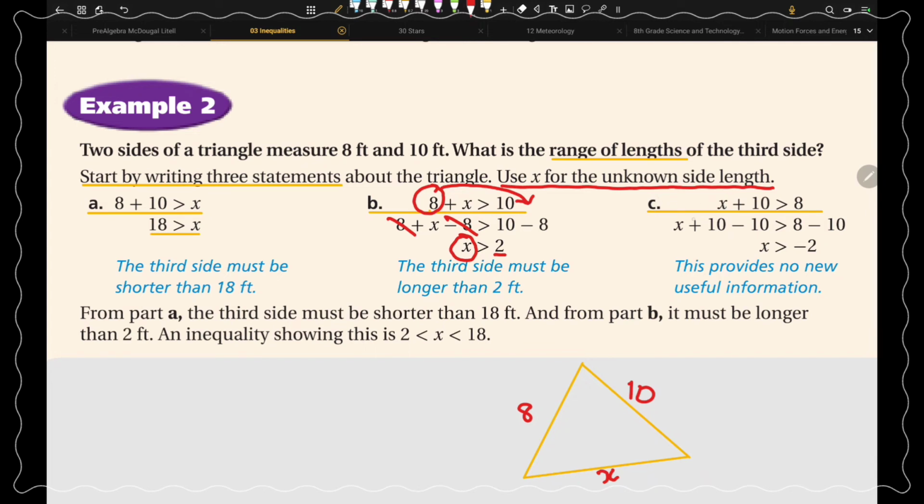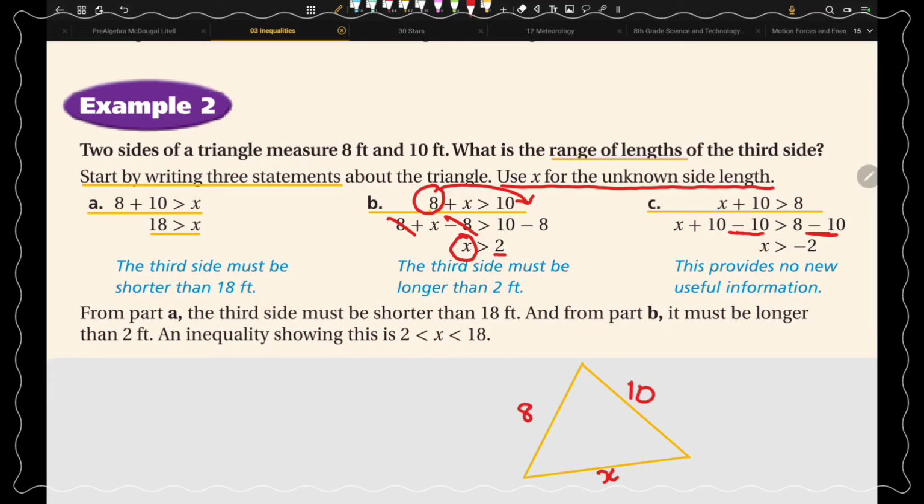So we had selected the third scenario, which is that x plus 10 is greater than 8. So let's simplify. Subtracting 10 on both sides leaves us with x on the left hand side and a negative 2 on the right hand side.